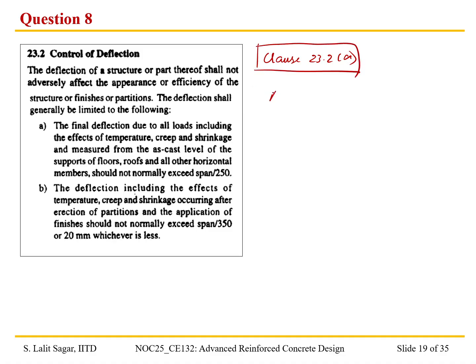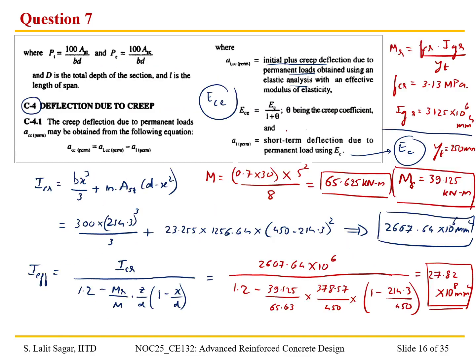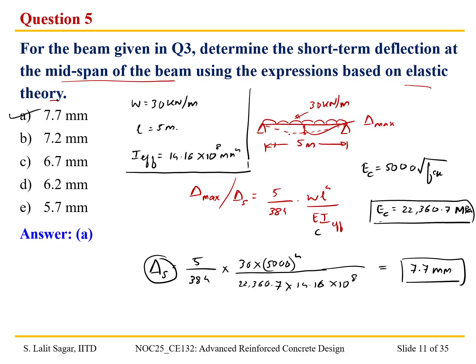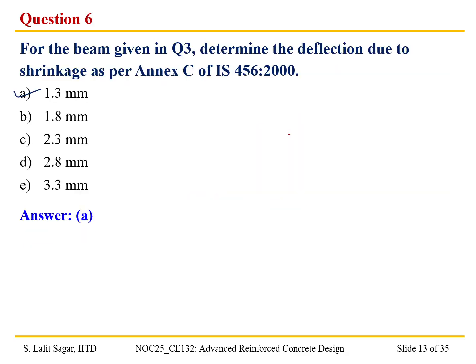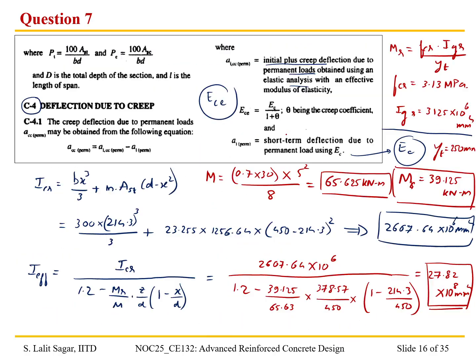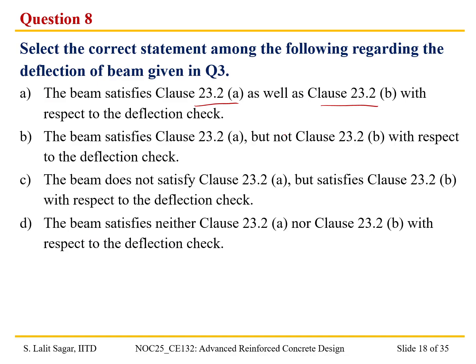So here delta is equal to delta S plus delta shrinkage, that is SH, plus delta creep. So we know that the value of delta S is how much? Delta S was 7.7 millimeter and the shrinkage was 1.3 and the creep was 4.4.